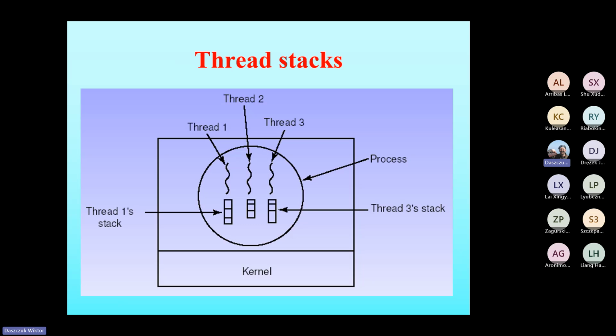Because on the stack we have stack frames for individual functions. This circle is a process. This is the kernel, not the microkernel. This is the operating system in the Unix nomenclature. So we can ask, what is this area? Nobody knows. Other processes are here, I don't know.